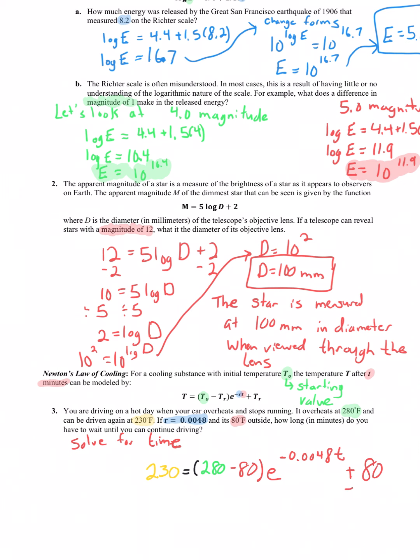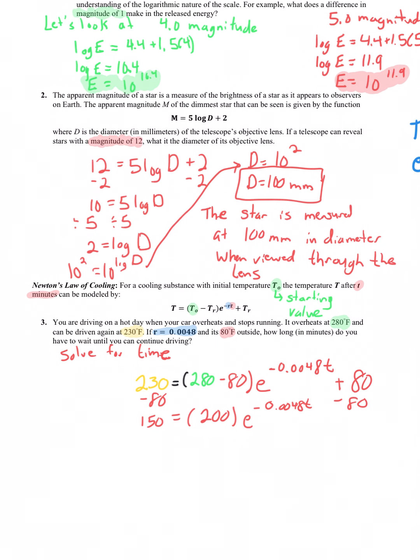I would start by subtracting 80 from both sides. I get 150 equals, in parentheses, 280 minus 80 is 200. Next, I can divide both sides by 200. 150 divided by 200 happens to be 3/4.